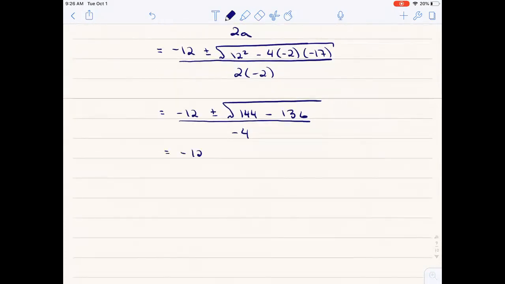So we've got negative 12 plus minus the square root of 8 over negative 4.